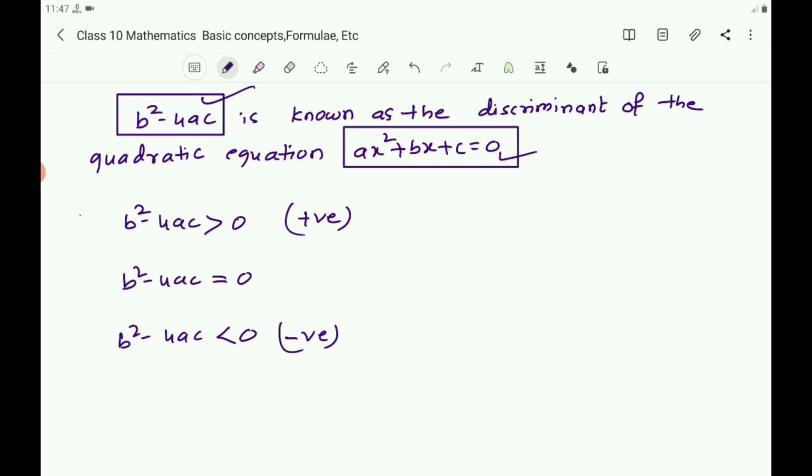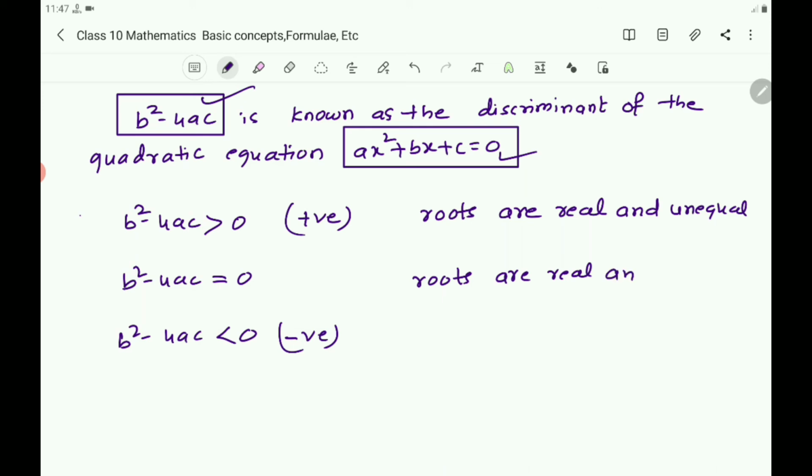If b square minus 4ac is greater than 0, roots are real and unequal. So you can conclude roots are real and unequal. If b square minus 4ac equals 0, roots are real and equal.